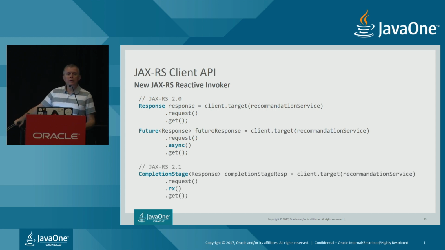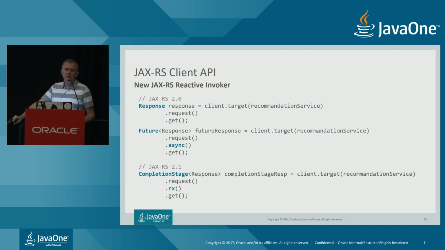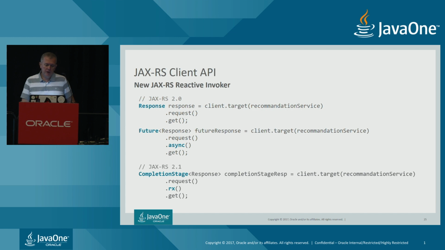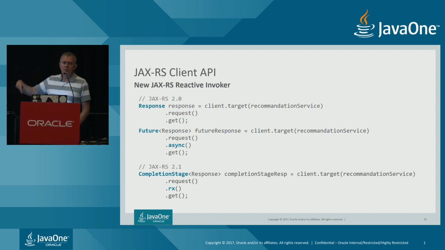The main difference between Future and CompletionStage is that CompletionStage is Java 8, so it's a modern API, whereas Future is Java 5, 2004, so it's an older API. CompletionStage is an interface implemented by CompletableFuture.